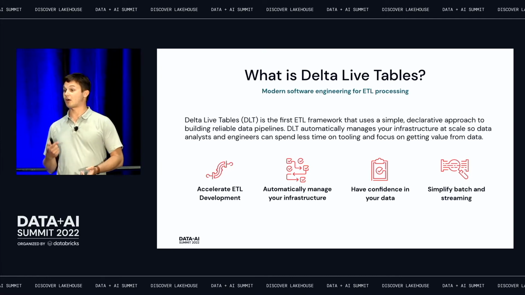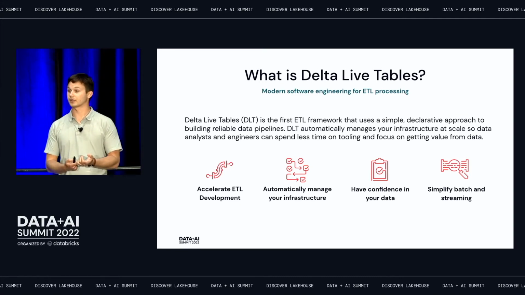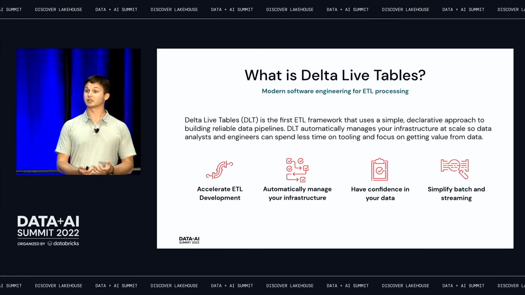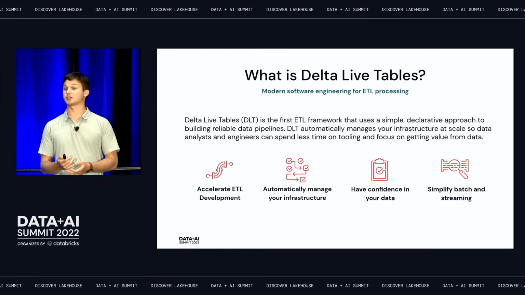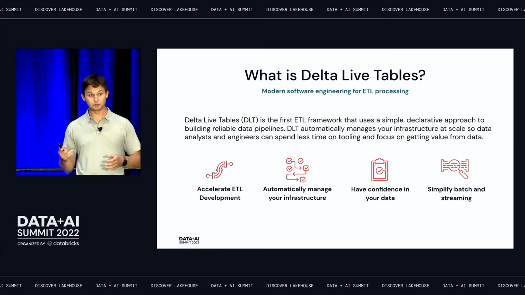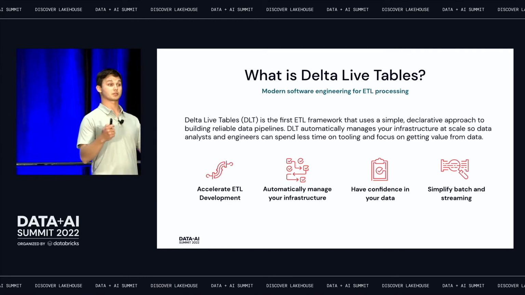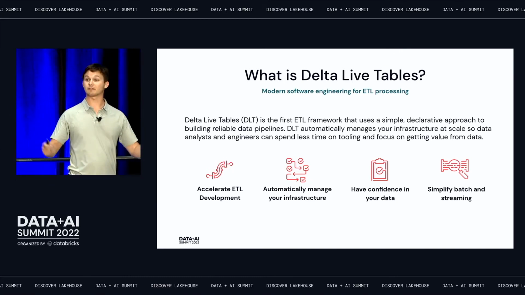We can automate the infrastructure for you, automate orchestration, give you lineage, and handle all the monitoring for you. Then you can be declarative about how you want your data quality to look, and we'll run those constraints on data quality for you, and be declarative about the whole thing.